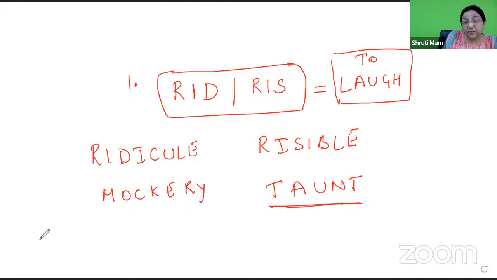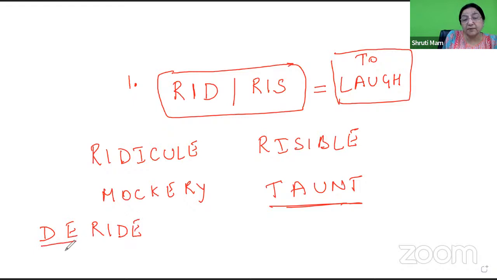But here, now let me add a prefix to this. So ridicule, risible, mockery, or a taunt can be to make fun of something. But another word for this, a negative word which we can form here, is deride. Look at it.